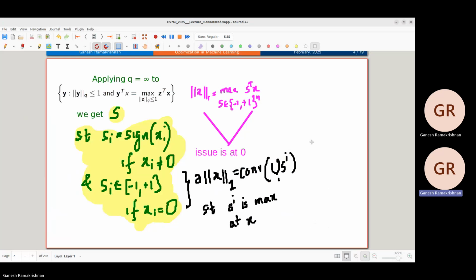When Xi is negative, I make Si to be negative, minus 1. So can I say that this is nothing but S equals S1, S2, Si, Sn, such that Si equals minus 1 if Xi less than 0. Si is plus 1 if Xi is greater than 0.